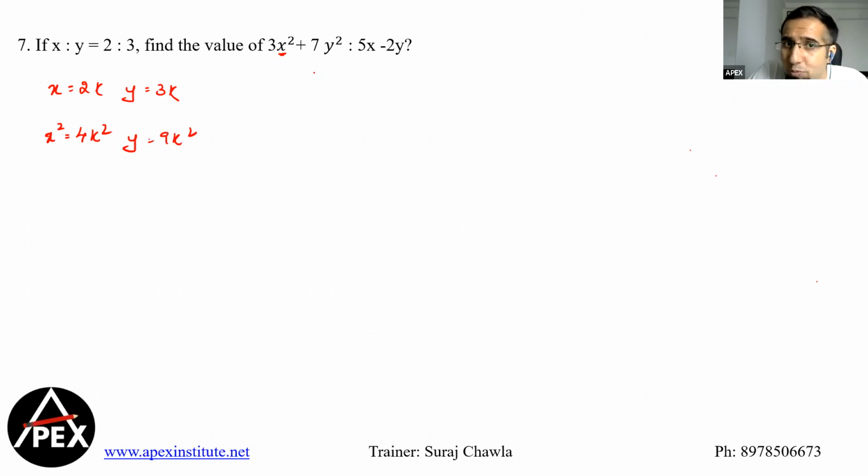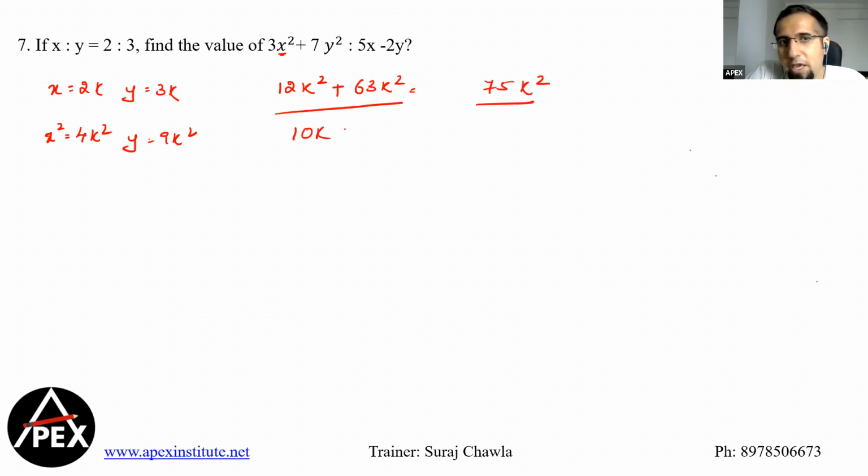So the numerator will be 12k square plus 7 nines are 63k square, which becomes 75k square. And the denominator will be 10k minus 6k, which is equal to 4k. Right. So k and k are getting cancelled, but your answer is going to be 75k by 4. Therefore, the answer here becomes cannot be determined.